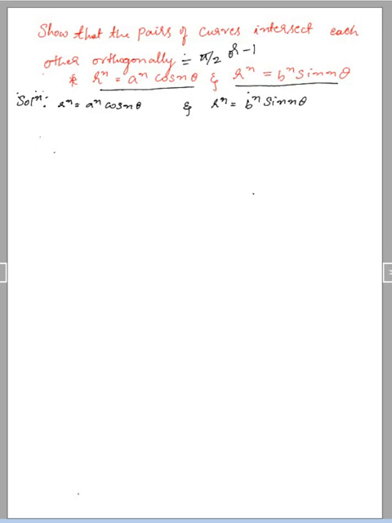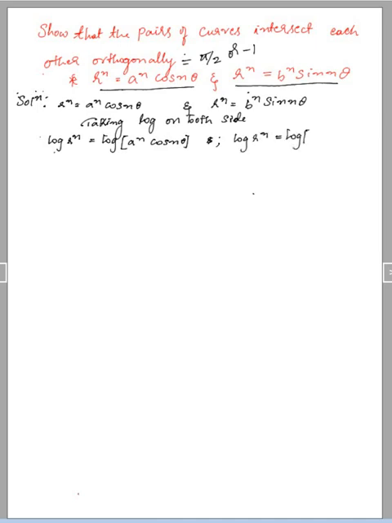So to find out 1 over r into dr by d theta, taking log on both the sides, we are going to get log r power n equal to log of a power n cos n theta. Similarly for another curve, log r power n equal to log of b power n sin n theta.